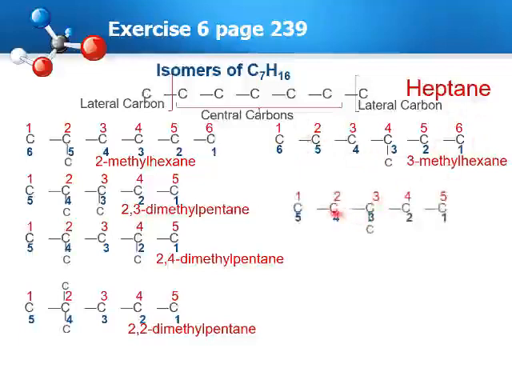When working on this isomer, we can take this lateral carbon or this one, but in the two cases, if we attach the carbon to this carbon, we obtain the 2,3-dimethylpentane, which was obtained before. And if you put it here, we also obtain the 2,3-dimethylpentane. So we are obliged to attach it to the carbon number 3, and we obtain in this case the 3,3-dimethylpentane.